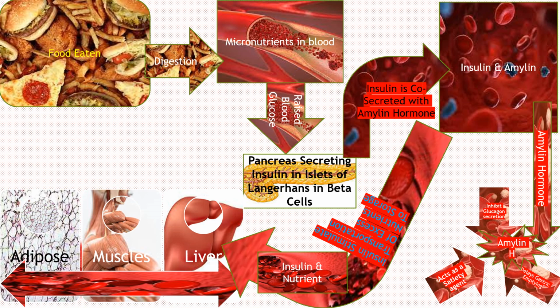Insulin, on the other hand, stimulates transportation of excess nutrients in the blood to storage in the liver, muscles, and adipose tissue. In the liver and muscle, insulin stimulates the conversion of glucose to glycogen and the synthesis of protein from amino acids. In the adipose tissue cells, insulin stimulates the synthesis of fats from fatty acids.